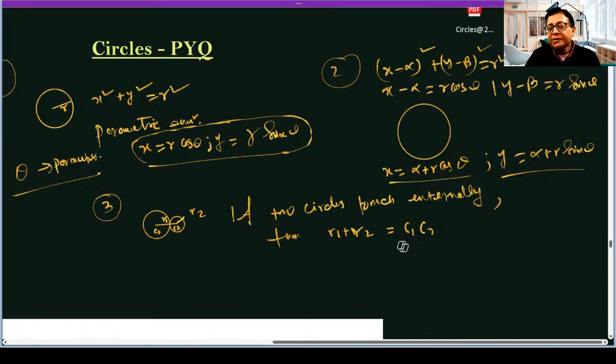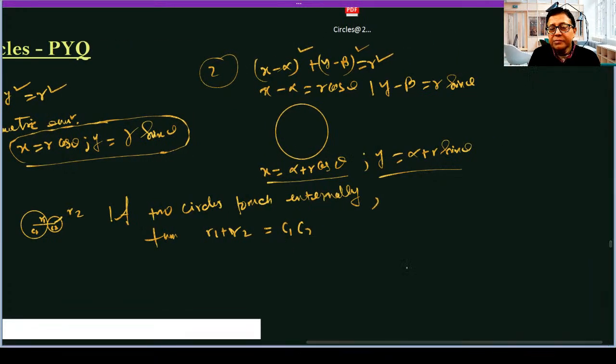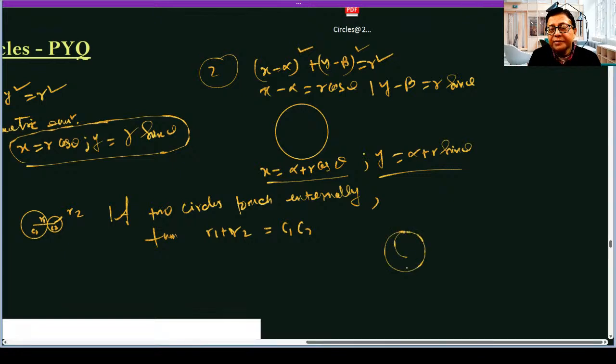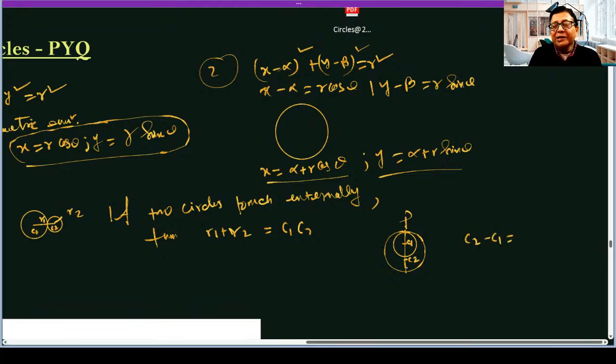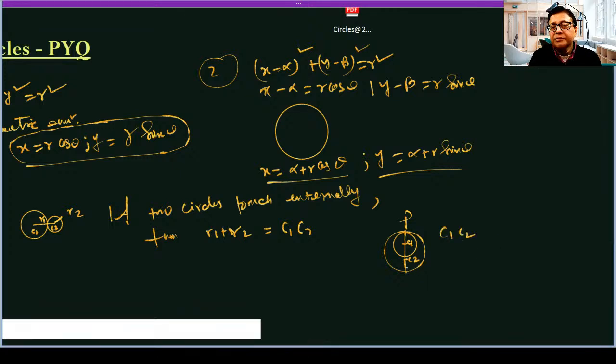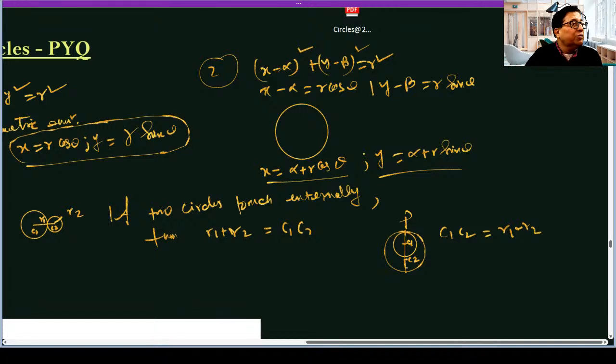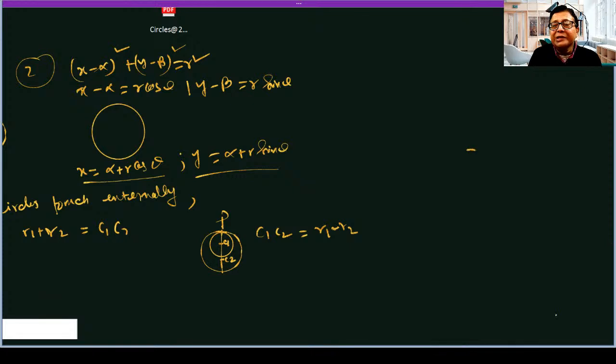But if they touch internally, then what will happen? When they touch internally, this is the point of intersection. In that case, C1C2 will be the difference of their radii. It may be R1 minus R2 or R2 minus R1. Then under what condition will two circles intersect?